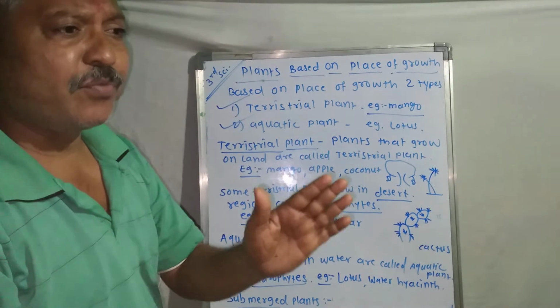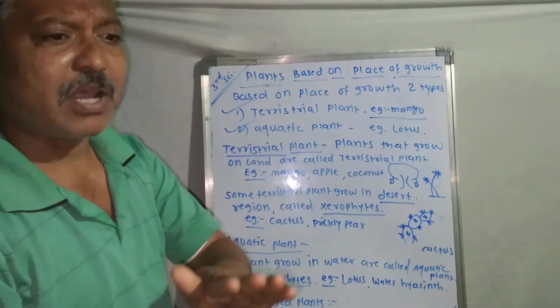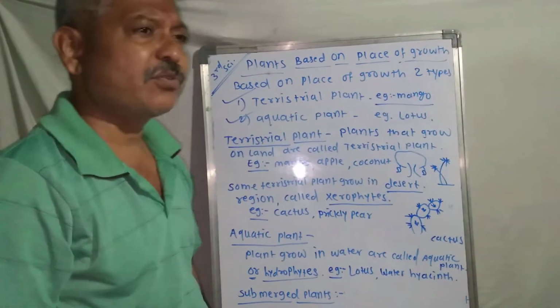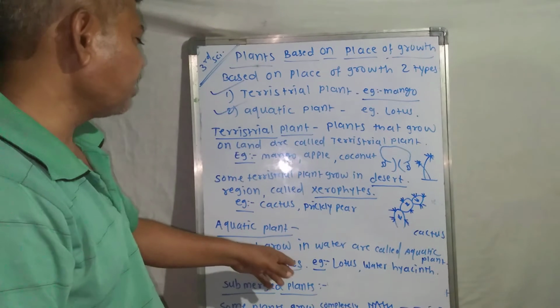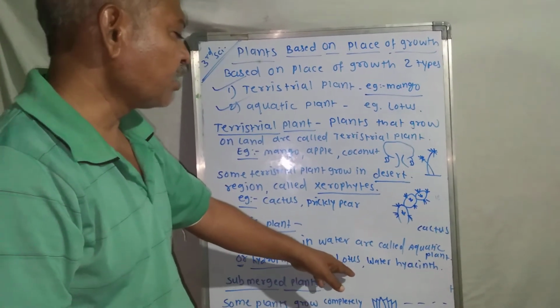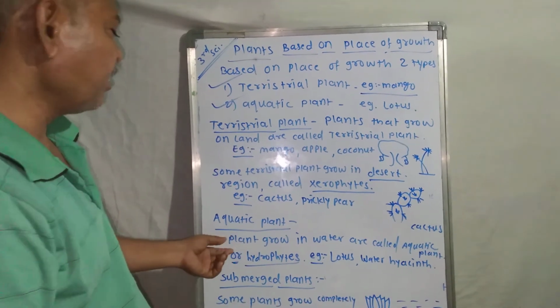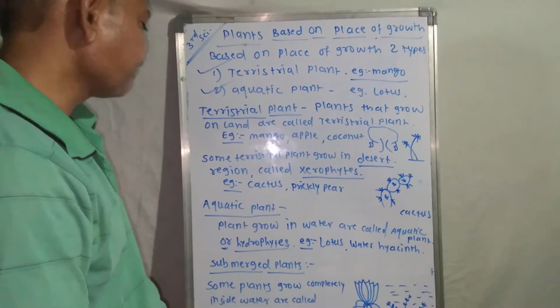Hydro means water and phyta means plant. So hydrophytes are the plants which grow inside the water. Examples of hydrophytes are lotus, water hyacinth, etc.